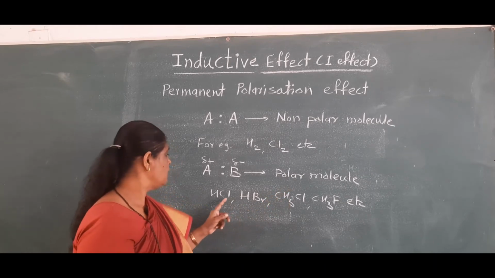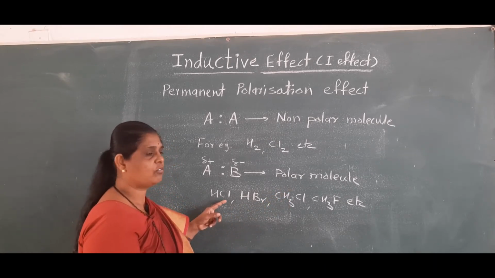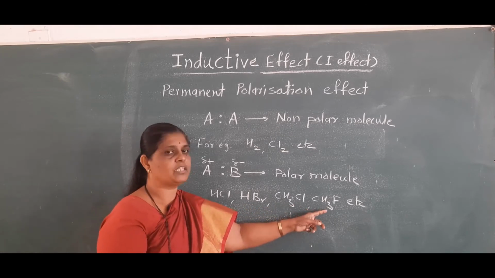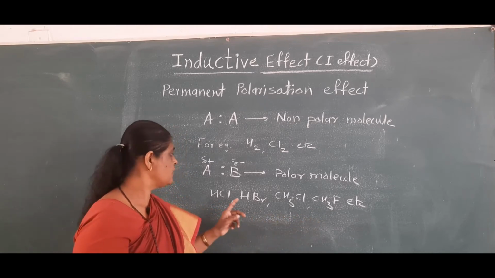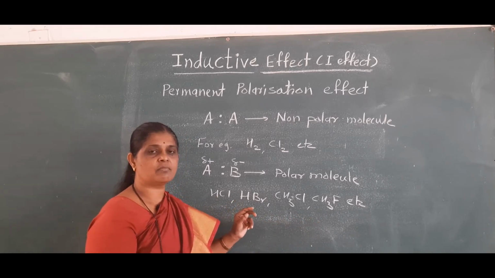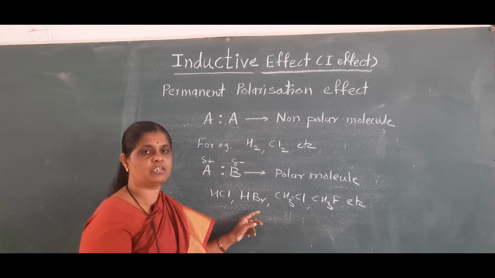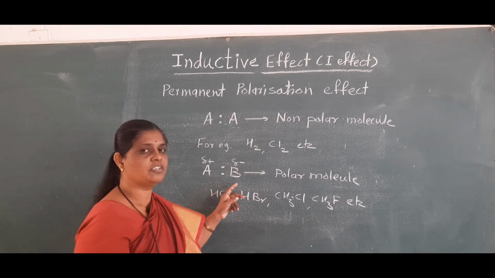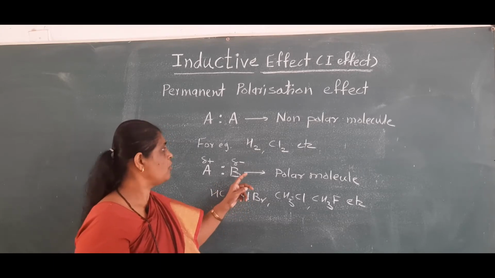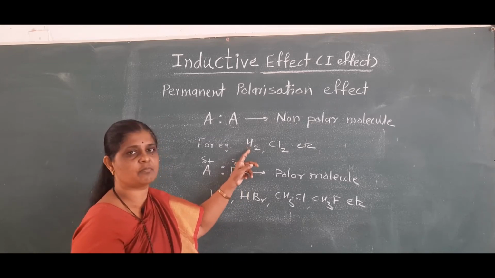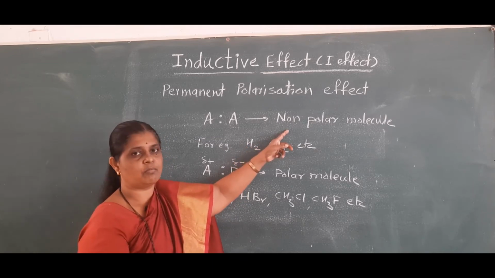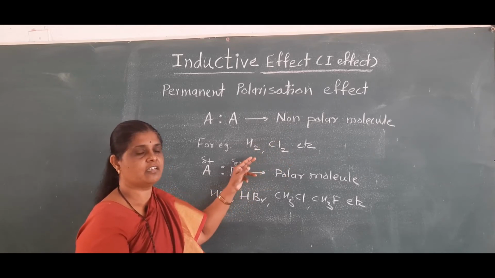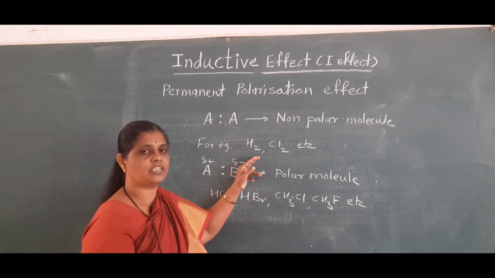For example, molecules like hydrogen chloride, hydrogen bromide, chloromethane, fluoromethane, etc. In that case, the bond is formed between two dissimilar atoms having different electronegativities. Such molecules are polar molecules because charge separation takes place, and the molecules in which there is no charge separation are known as non-polar molecules, for example hydrogen, chlorine, etc. In that case, the partial positive or negative charge is not seen.